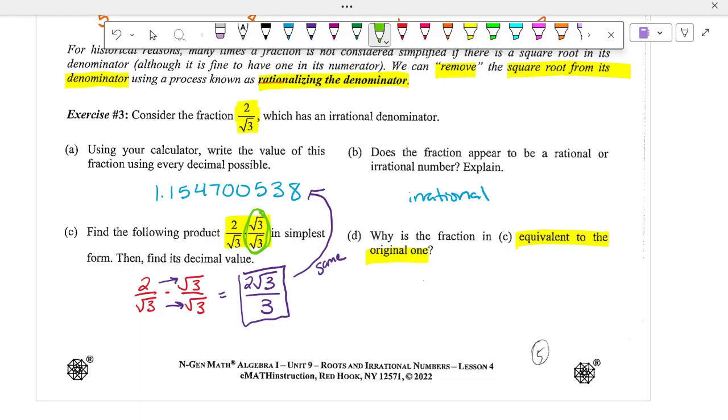We technically multiplied what? We technically multiplied 1 to it. All right. So technically speaking, square root of 3 over the square root of 3 is equal to 1. So we created an equivalent fraction.